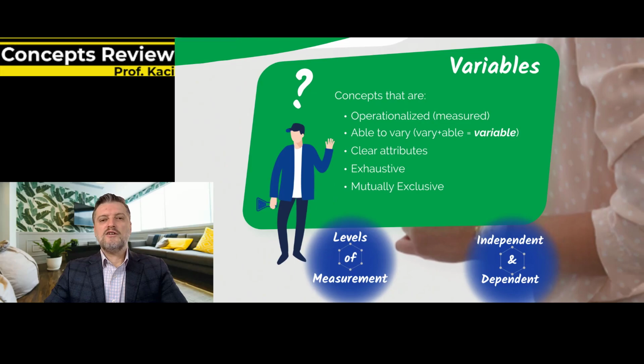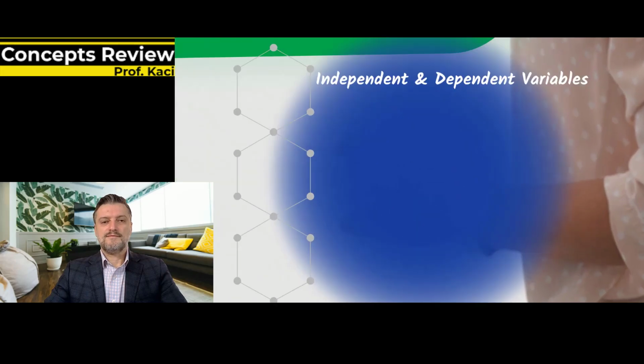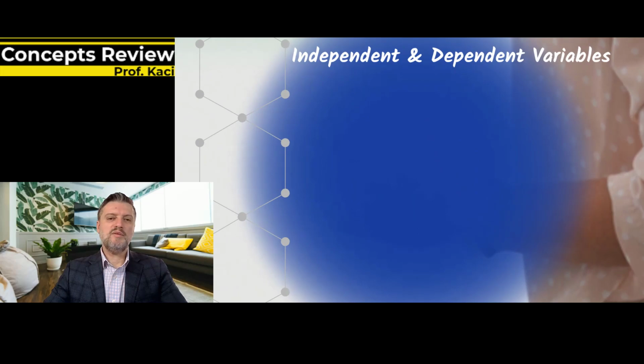Now let's look at the predictor and outcome variables, more typically known as independent and dependent variables. Another important distinction having to do with the term variable is the distinction between an independent and dependent variable. This distinction is particularly relevant when you are investigating cause and effect relationships.